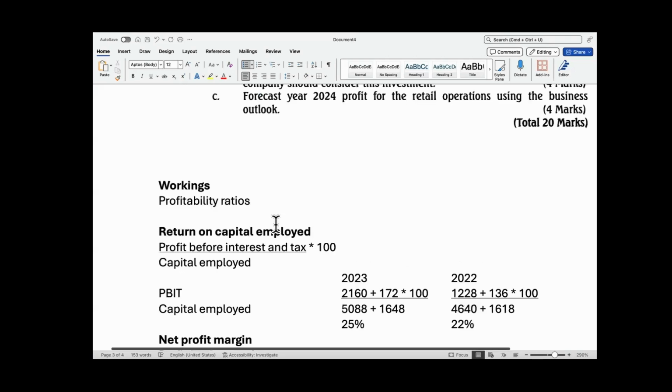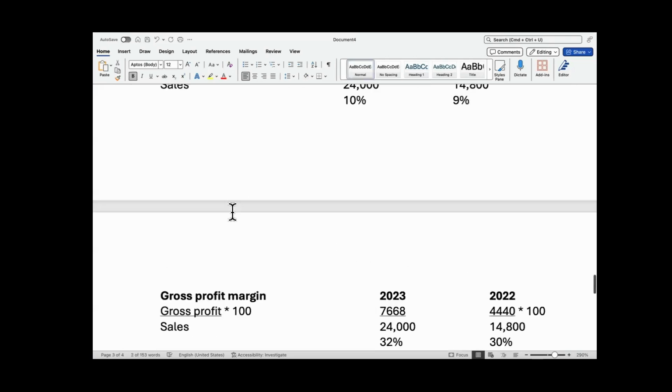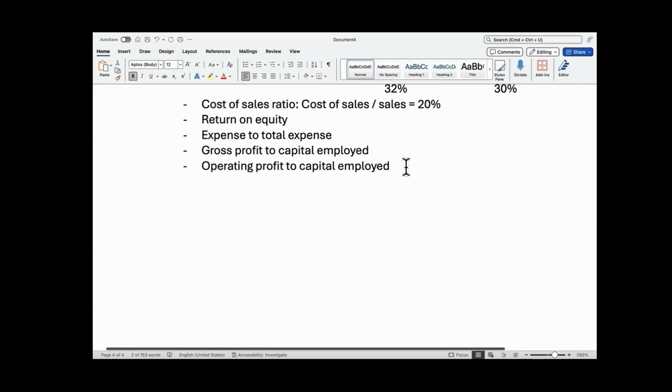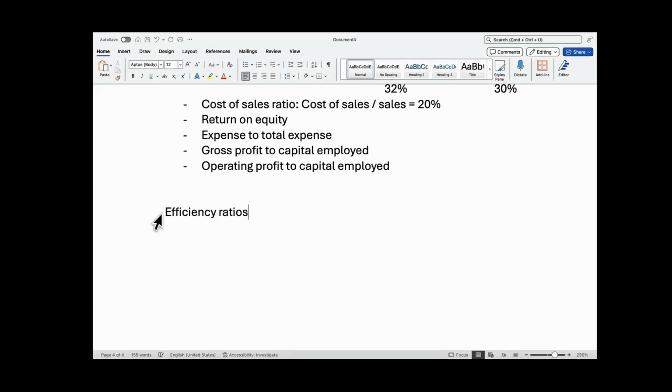Now let's do efficiency ratios. These efficiency ratios majorly look at working capital management, how well an entity manages its working capital, or how effectively an entity uses its assets to generate sales or profit.